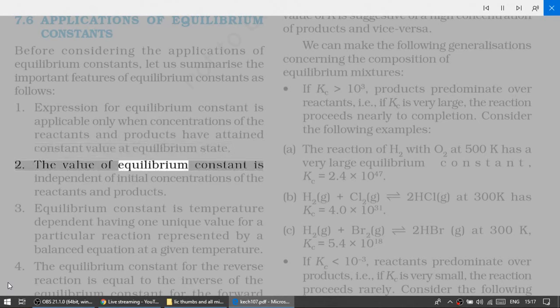The value of the equilibrium constant is independent of the initial concentrations of the reactants and products. 3. The equilibrium constant is temperature dependent, having one unique value for a particular reaction represented by a balanced equation at a given temperature. 4. The equilibrium constant for the reverse reaction is equal to the inverse of the equilibrium constant for the forward reaction.